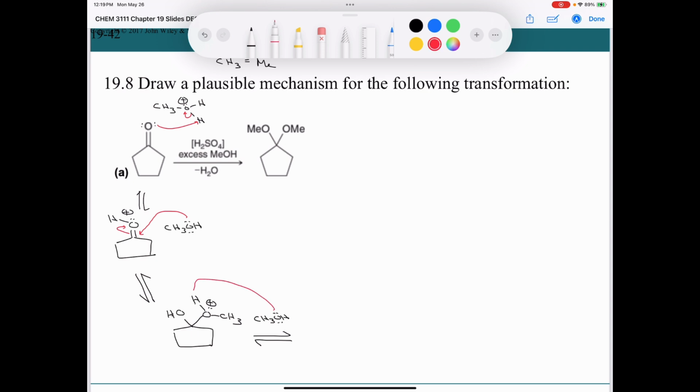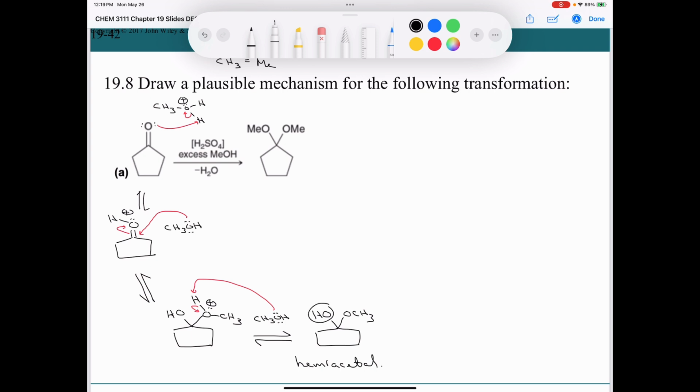Remember, we're in strongly acidic conditions here, so methanol can function as a base. And so at this point, now we're going to have our hemiacetal. So we have our OH group and our OCH3 group. And so this is our hemiacetal, like this.